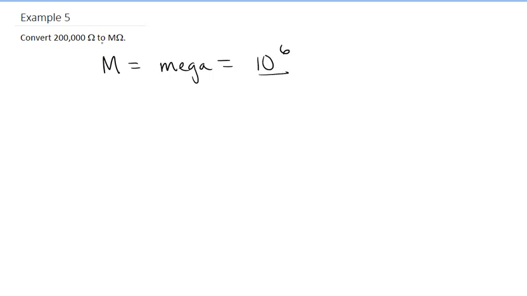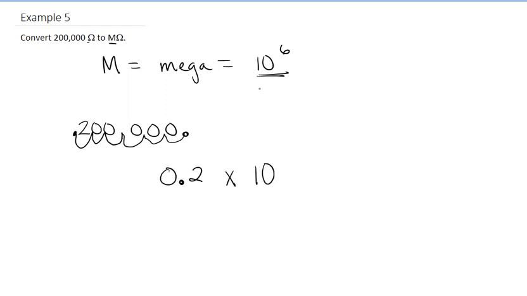So that means that in order to convert this ohms to megaohms, all we would do, we can go 200,000. And we can go ahead and move this decimal over 6 spots in order to indicate 10 to the 6. And we move to the left. So we go 1, 2, 3, 4, 5, 6. And we place a decimal right there. So placing the decimal right here would then indicate that it's moved over to the power of 6.